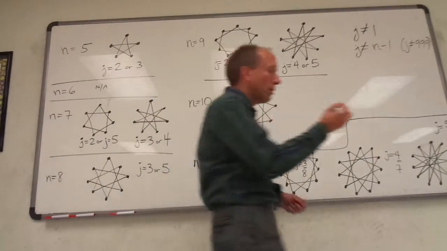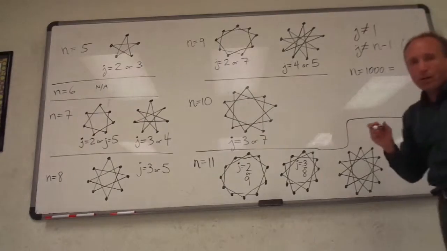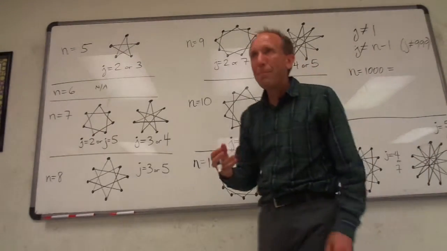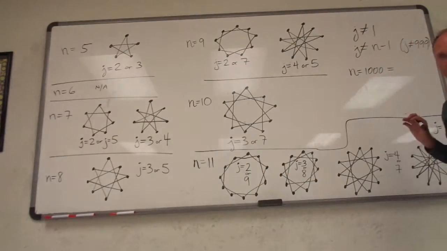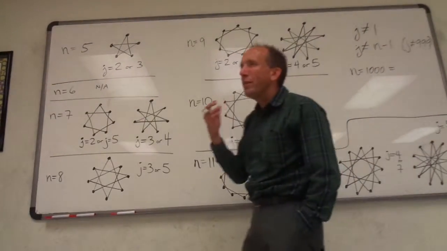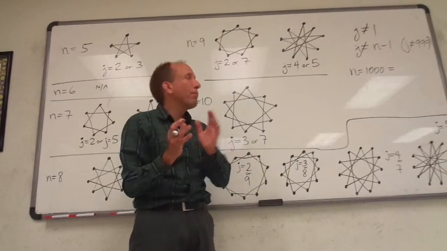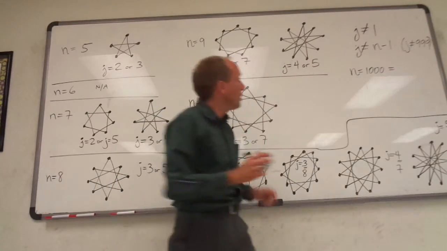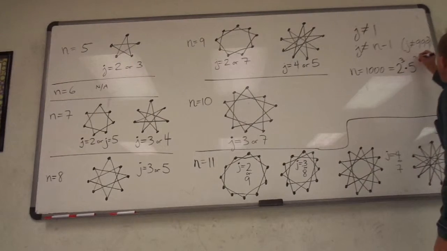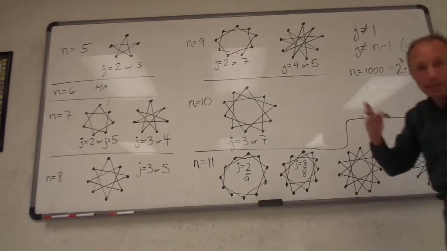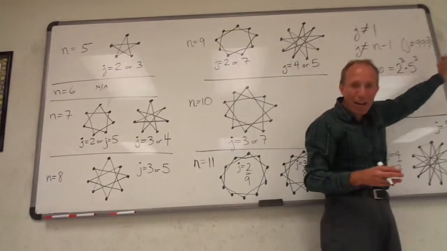If we look at 1,000 really quickly, it becomes a number theory kind of question. If you think about the number 1,000, we have to look at which numbers would not share any of the factors that are in 1,000. 1,000 breaks down in terms of primes. It's really 10 cubed, 10 times 10 times 10. That means there are 3 factors of 2 and 3 factors of 5.